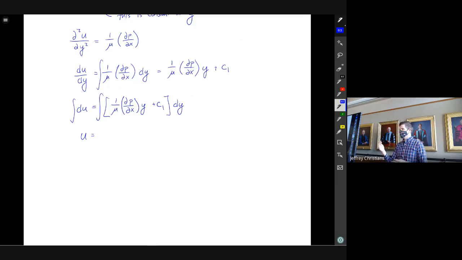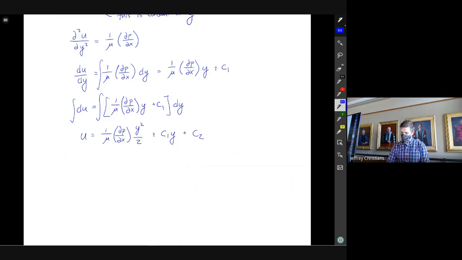The integral of y is y squared over 2. So this is 1 over mu dp/dx, our constants, y squared over 2, plus c1 dy, that's just c1 y, plus a new constant of integration, c2.